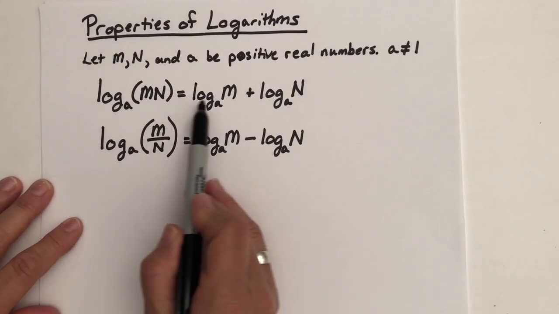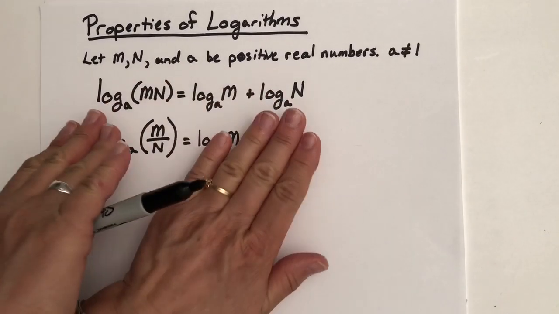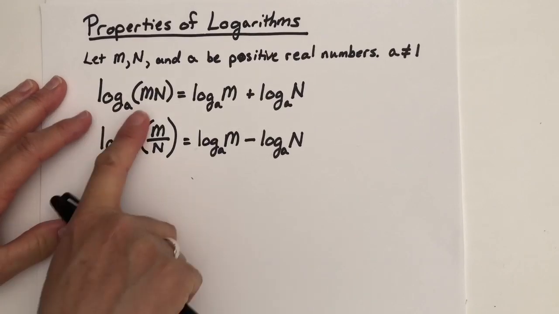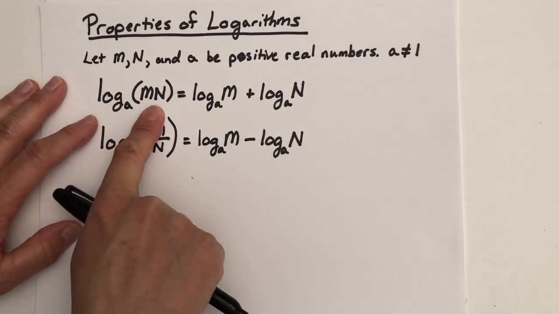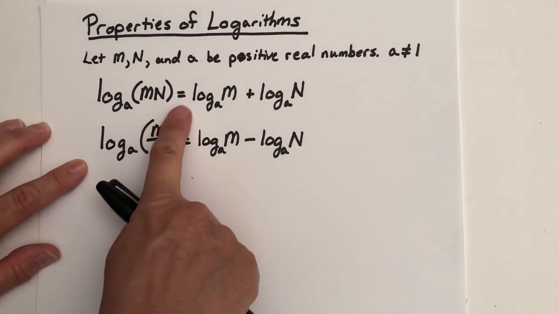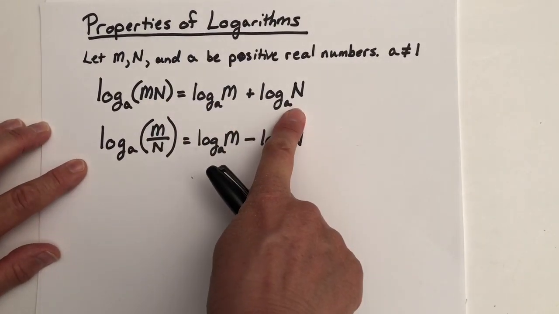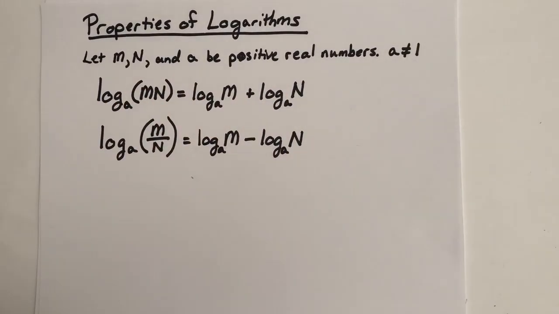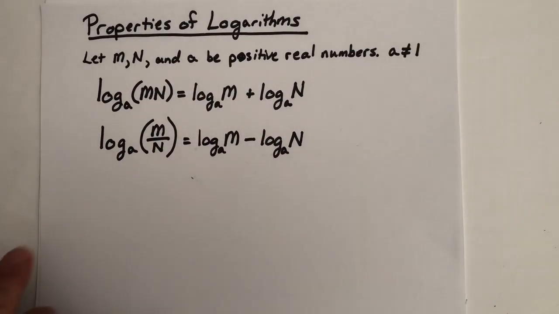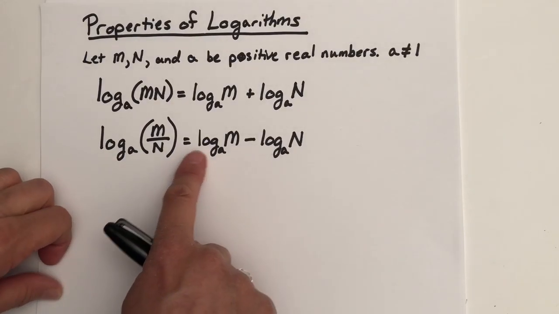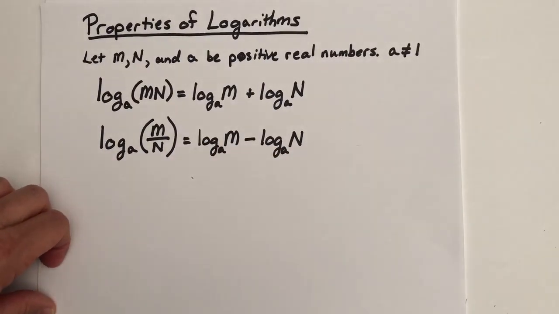This is property 1. I just rewrote it in the other order. It doesn't matter. This equation works in both directions. You can start with the log of a product. We say that the log of a product equals the sum of two logs. But you could take the sum of two logs and write it as the log of the product. And we have the log of a quotient equals the difference of those logs.